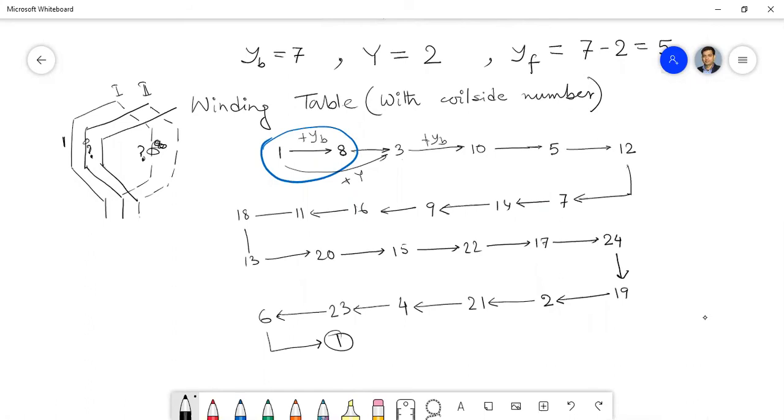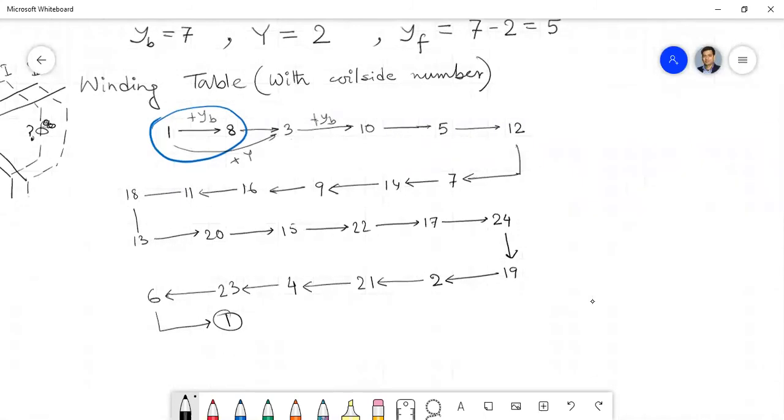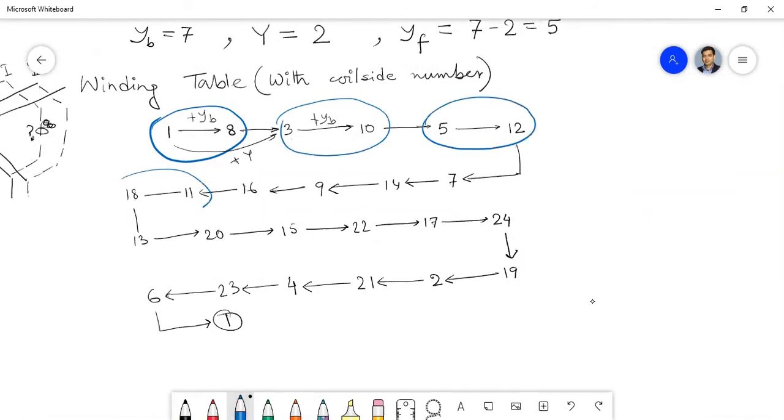Is it clear? Just check whether you have understood. After one coil is complete, this is one coil, this is one coil, this is one coil.